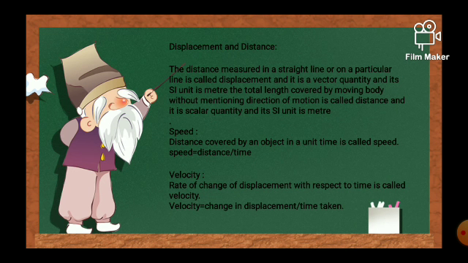Well, let's come to velocity. The rate of change of displacement with respect to time is called velocity. So guys, over here they are saying that velocity means speed of an object in a certain direction, and it is the rate of change of displacement.